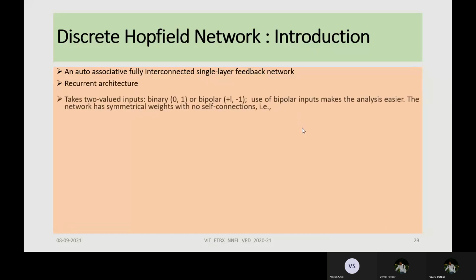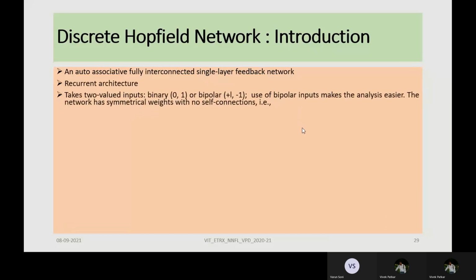The recurrent architecture, as I told you, takes either binary inputs or bipolar inputs. But as usual, bipolar inputs make it easy for the network to generalize and for us to analyze. Here, the weights are symmetrical, and very important, there is no self connection.